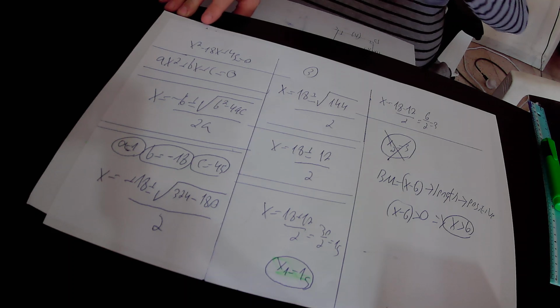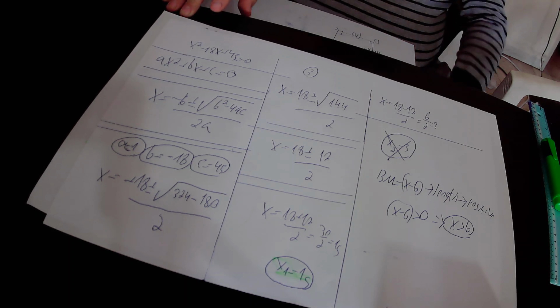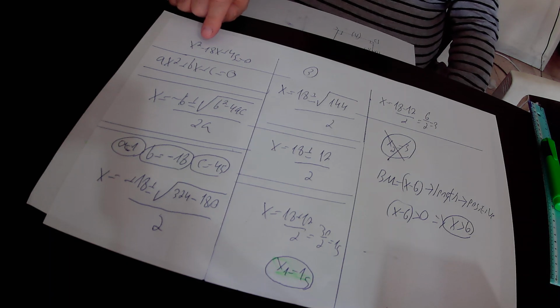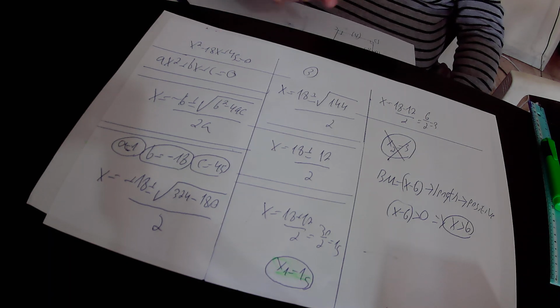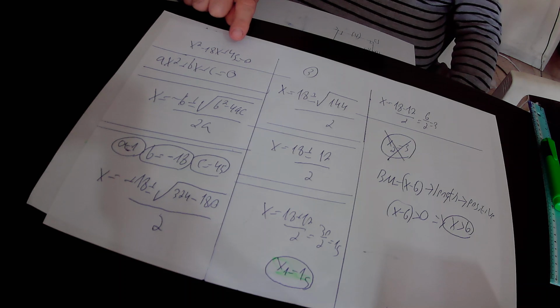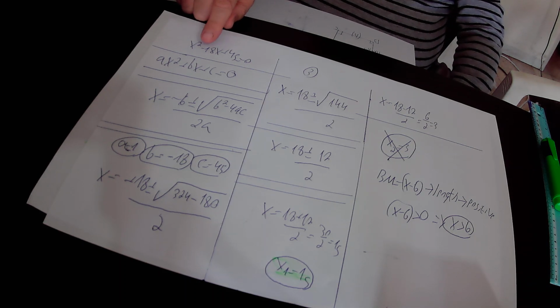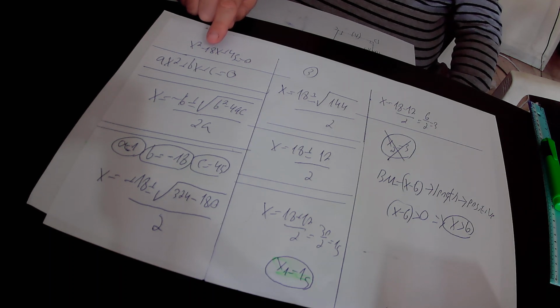So this is a quadratic equation, and the general form of a quadratic equation is ax squared plus bx plus c equals 0. In this general form, a, b, and c are the coefficients of the quadratic equation, and x is the variable that we are looking for.